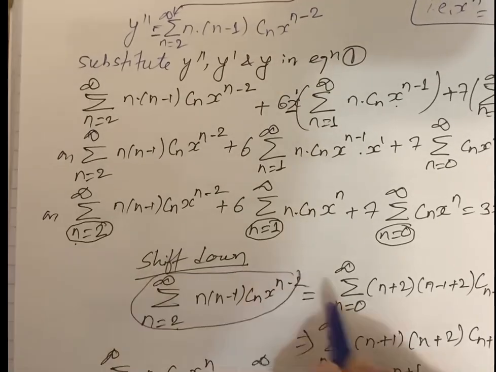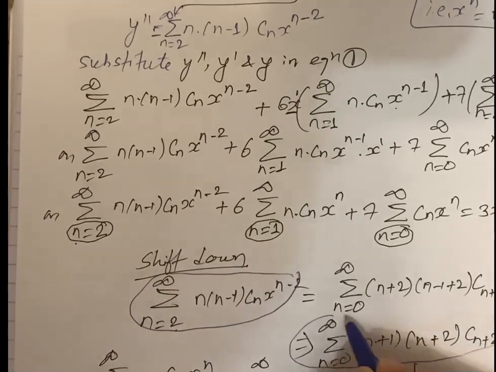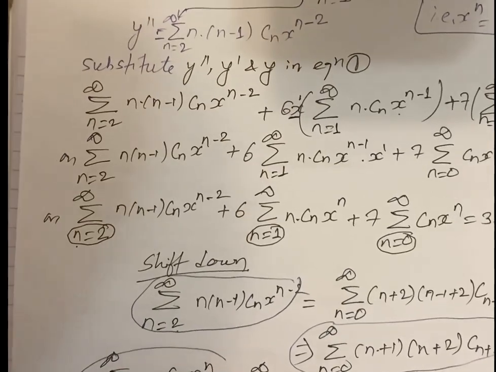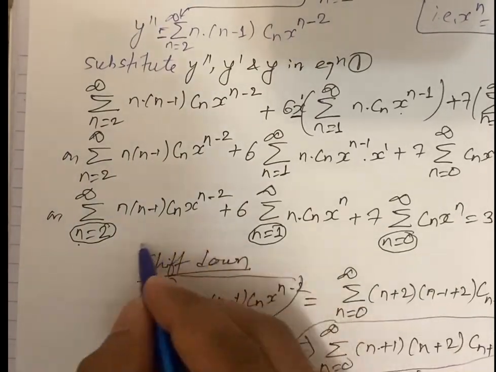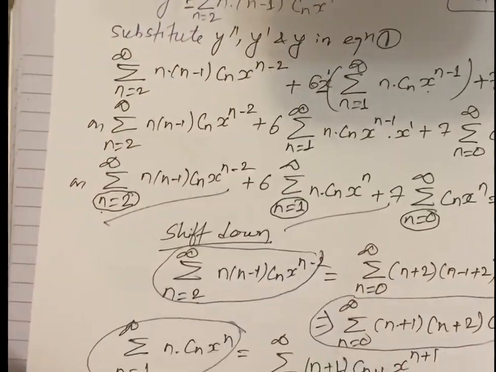After shifting this down we got this value, and after shifting this we got this one. So let's substitute these shifted values in this term.